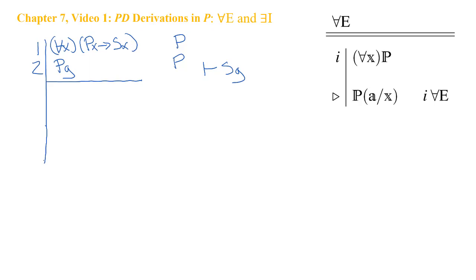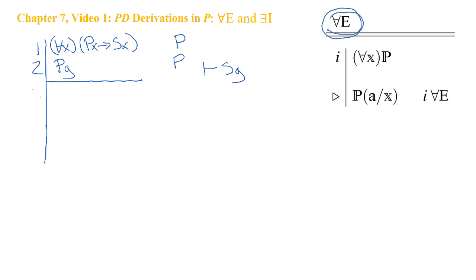Now, the way this derivation sits right now, there's really nothing we can do, because line 2 is a simple sentential claim, a predicate with a constant, and line 1 is a universally quantified claim. And we can't do anything with the internal contents of line 1, the Px arrow Sx, until we remove that universal. That's what universal elimination is for.